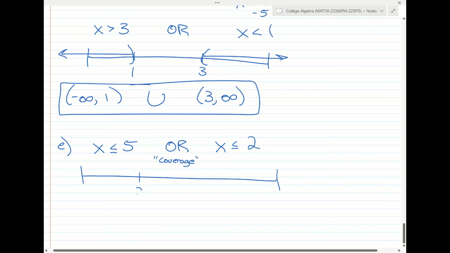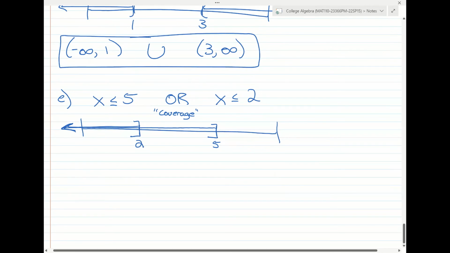We have numbers less than or equal to 2. We have numbers less than or equal to 5. We want to write our answer as just where is the graph shaded? What do you think the best answer would be for this?